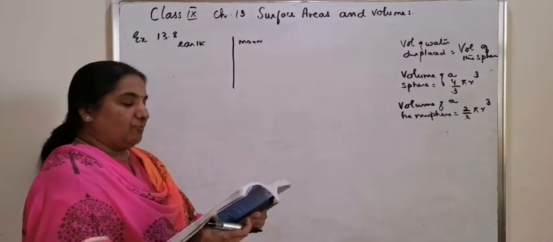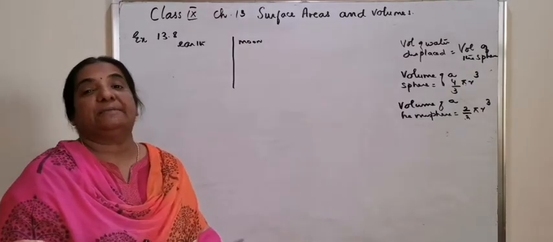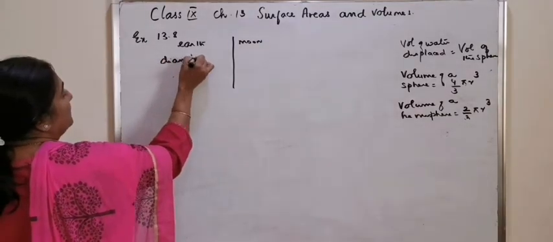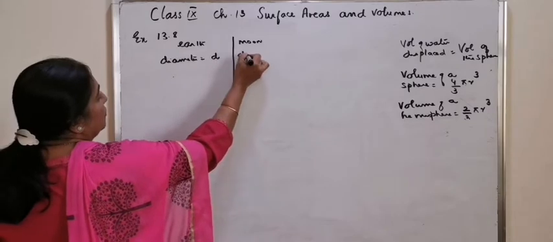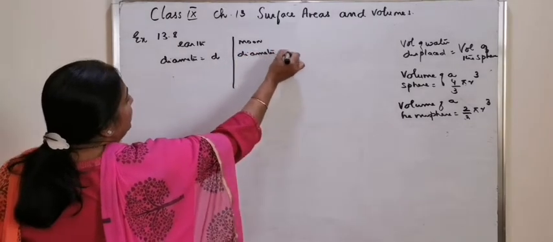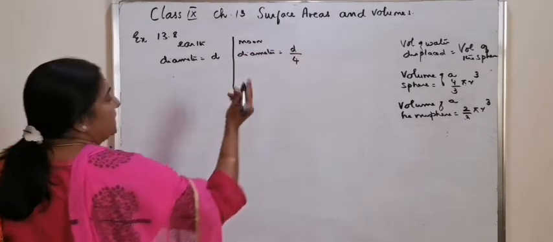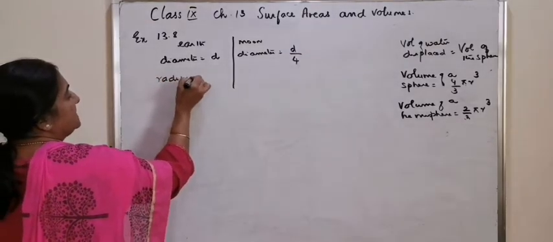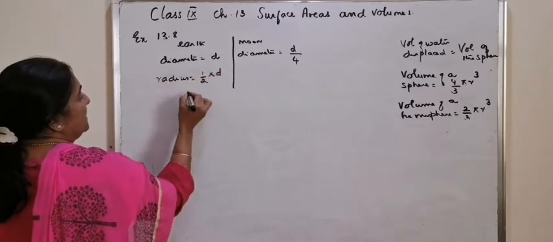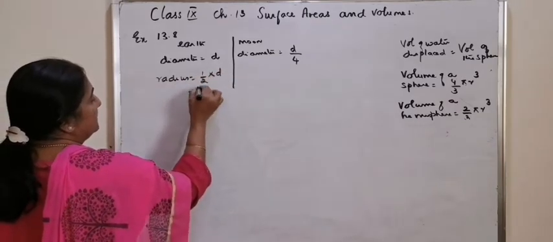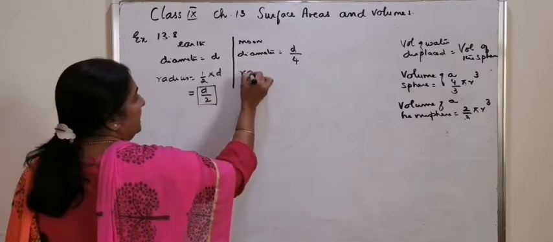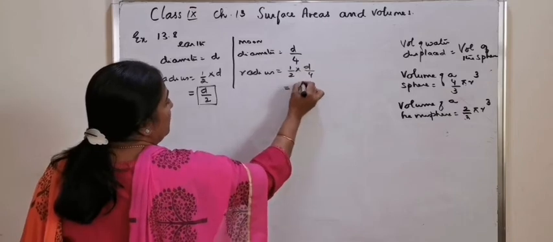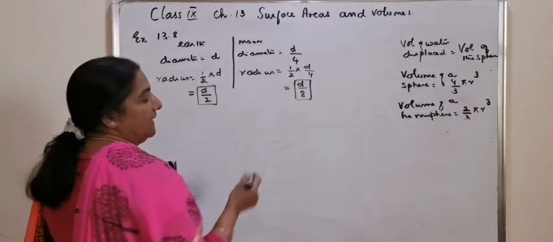Let's take the diameter of earth as d. Therefore, what will be the diameter of moon? It will be d by 4, that is 1/4. If you know the diameter, radius is half of d, or the radius of the earth is d by 2. Similarly, radius of moon is half of d by 4, which is equal to d by 8.